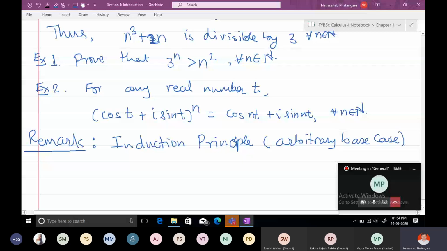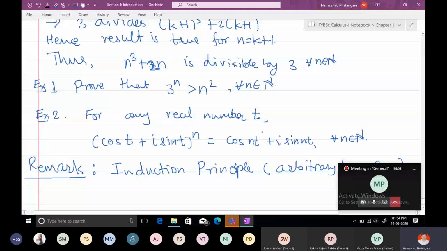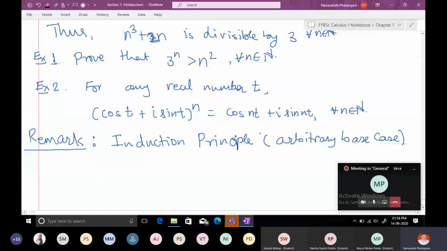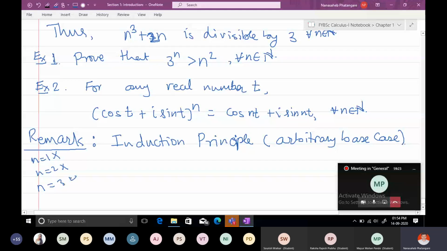In the previous problems, our initial stage was n equal to 1, and then our results were true for all n greater than or equal to 1. Right from 1, for every natural number onwards, the result was true. But sometimes it may happen that your result is not true for n equal to 1, not true for n equal to 2, but for n equal to 3 it is true, n equal to 4 it is true, and for all remaining numbers it may be true.